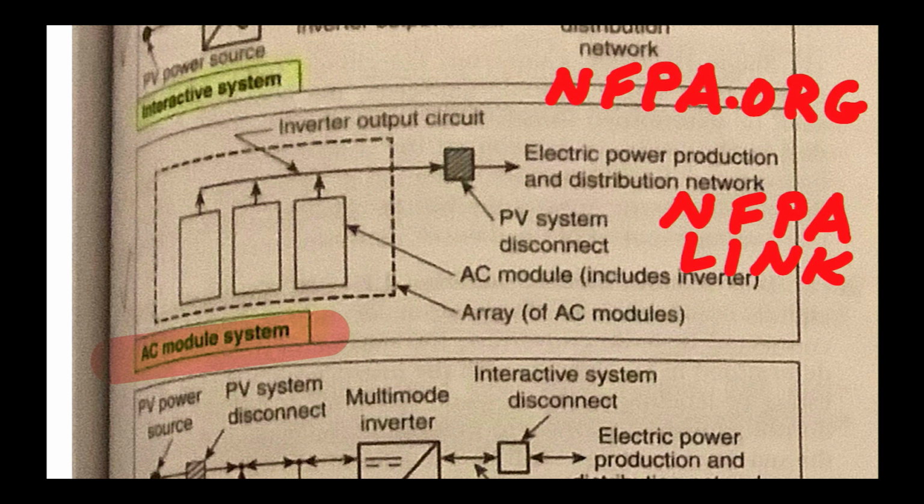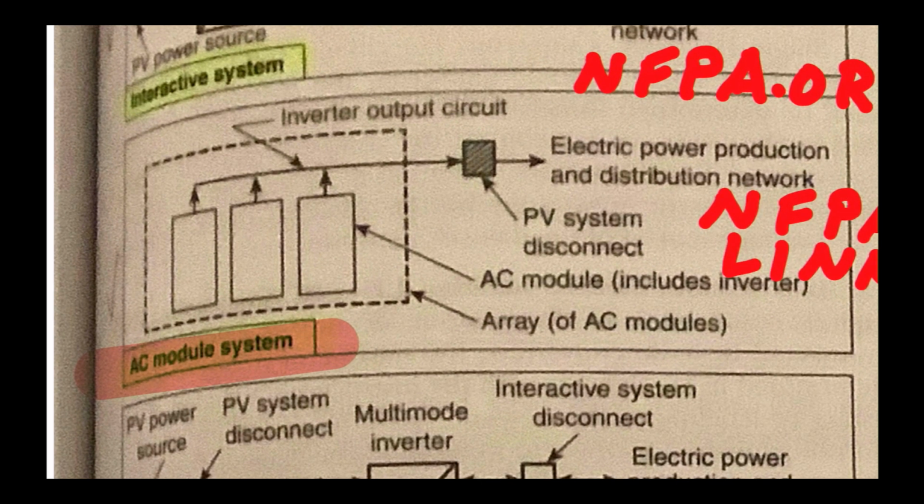All right, so let's take a look at this AC module system. And let's look at what they've got over here. And again, take the time to look at this informational note figure, and it's 690.1b. It's a really, really great piece of information here. It's going to help you to understand this a little bit better. All right, so we've identified that we're talking about the AC module system.